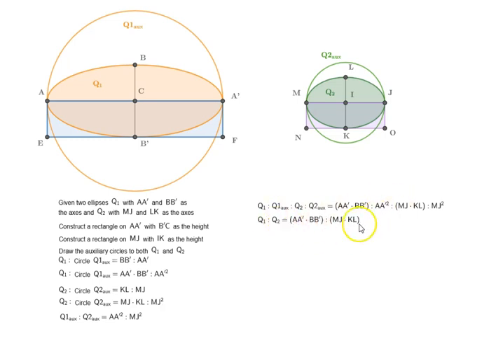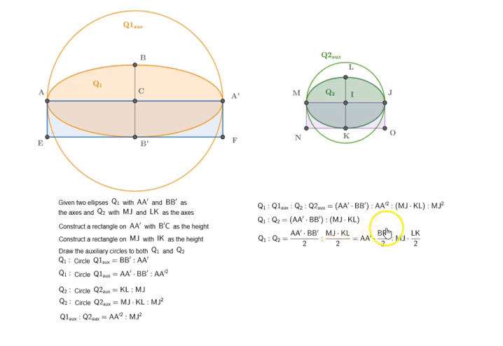And ex aequali, we can see that Q1 is to Q2 is equal to A prime times BB prime is to MJ times KL. Now again, we divide the ratio on the right hand side, both the consequent and the antecedent, by 2. So A prime times BB prime by 2 is to MJ times KL by 2.